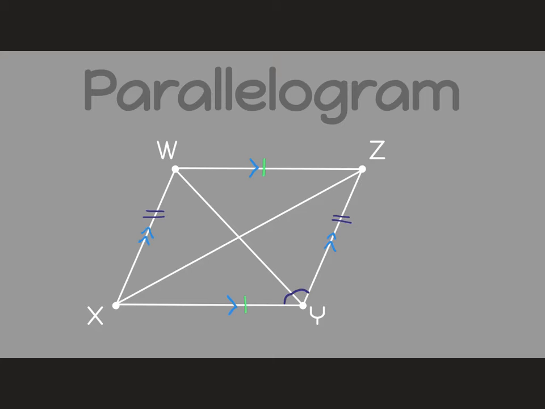So Y is congruent to W, and X is congruent to Z. Consecutive angles are all supplementary. So W and Z will add up to be 180. Z and Y will add up to be 180. X and Y will add up to be 180. And W and X will also add up to be 180.